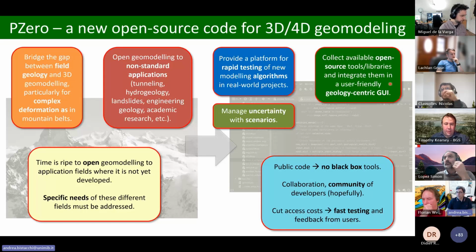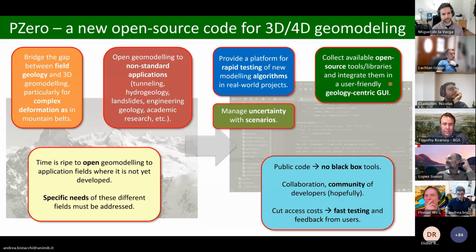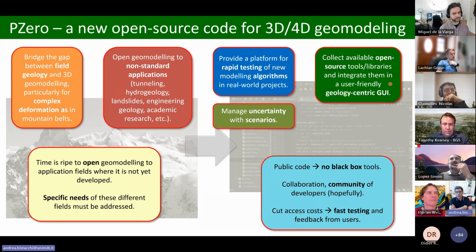Since the beginning, we invested a lot in developing a graphical user interface that is aimed at classical geologists in a way, with classical tools like, I don't know, stereoplots, for instance, or cross sections that can be easily reconstructed in a classical workflow.